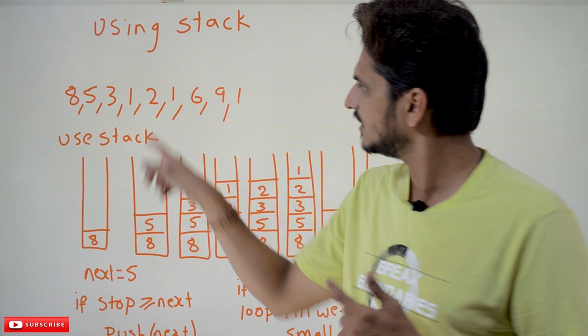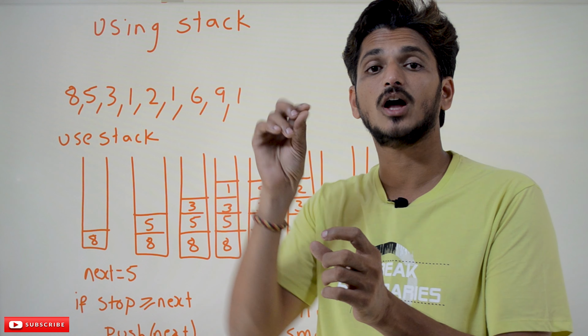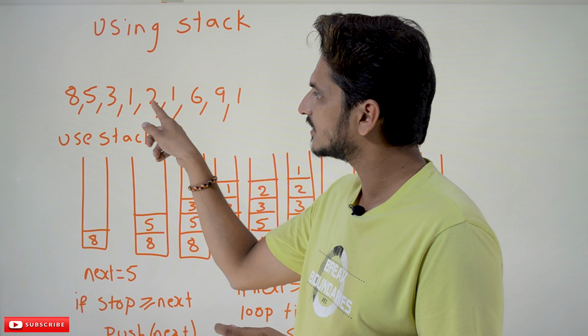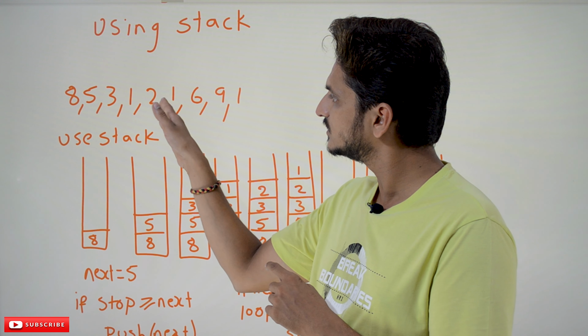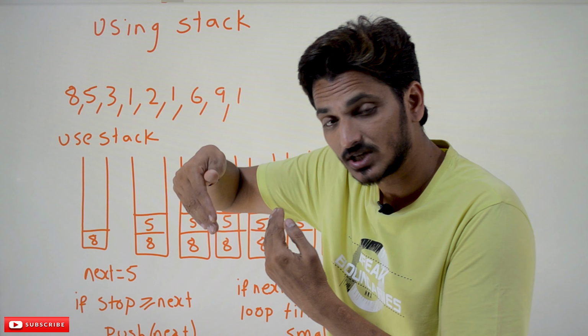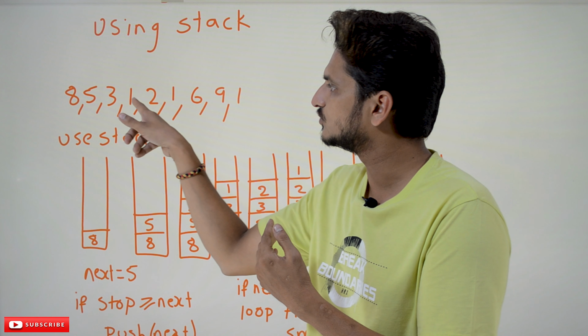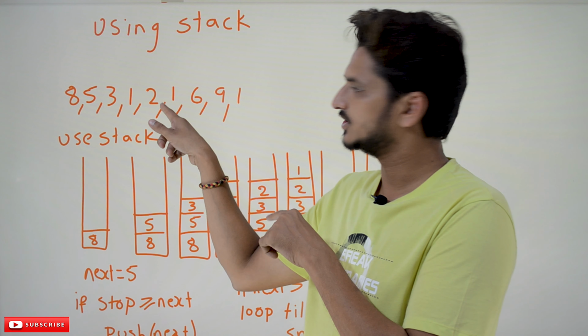What's the last visited? 1. That's why last in, first out. What is the greater element for 1? It is 2. Whenever you come to 2, you need to check the last visited node. What's the last visited node? It is 1. So for 1, it is 2.